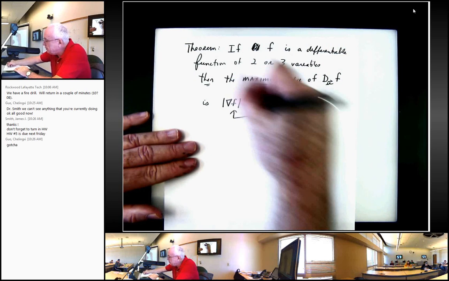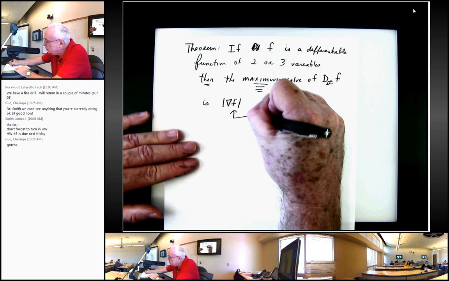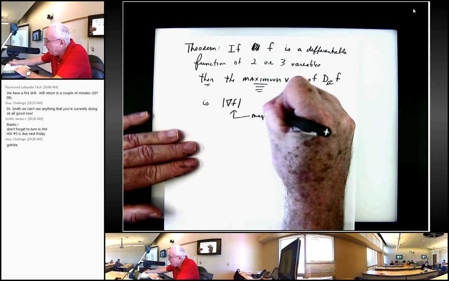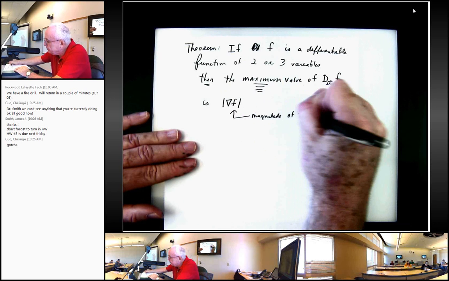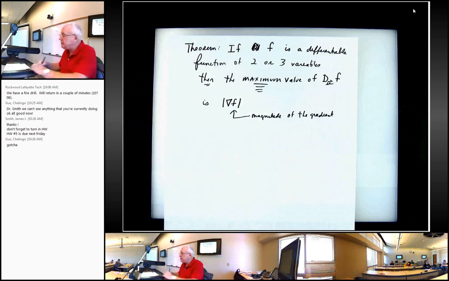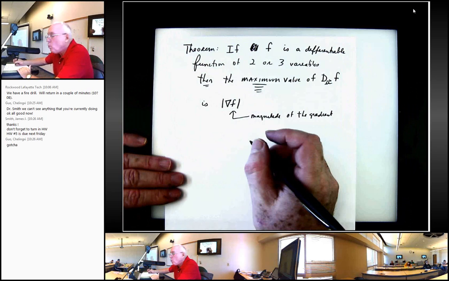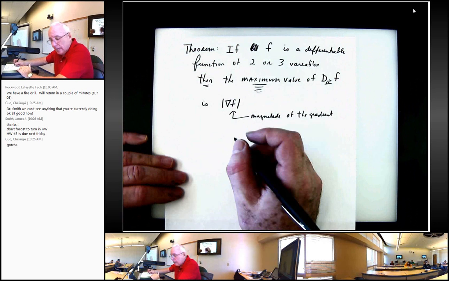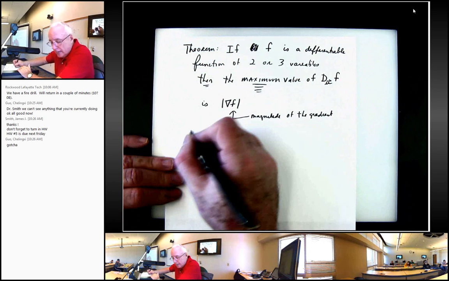So this absolute value sign, this is the magnitude of the gradient. And this maximum occurs when our unit vector is in the same direction as the gradient.